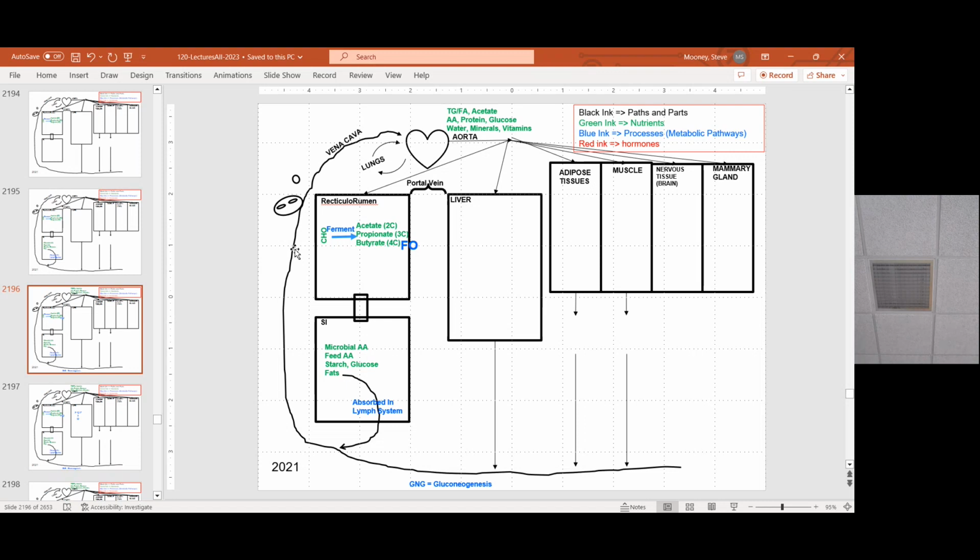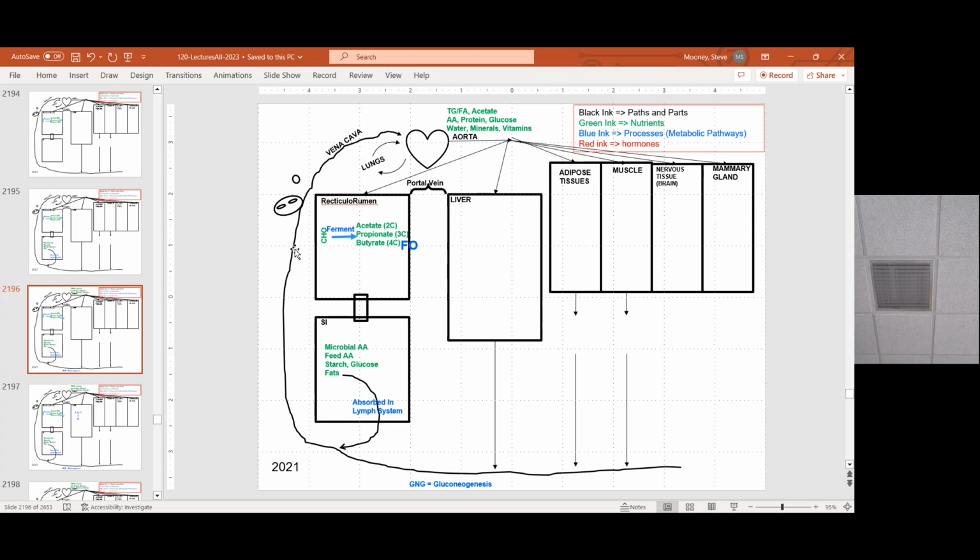We've also added up top sort of all the things that are going to leave the aorta. We'll talk more about those in a couple minutes, but if you want to take the time to write them down. So what the various capillary systems dump in, all collected in the vena cava, goes through the heart, the lungs, back to the heart.